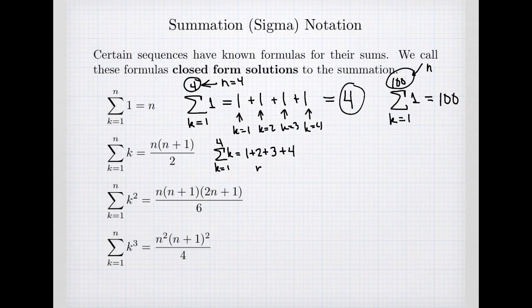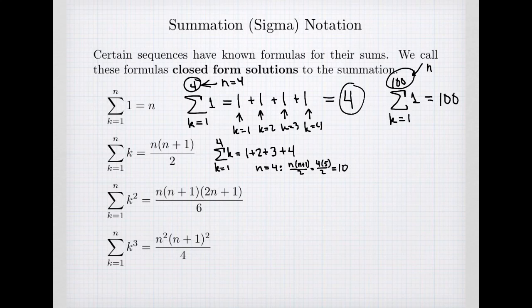So here I have n equal to 4. And what this formula is telling me is that if you just plug that value 4 into these two locations, so let's see what that predicts for me. If I predict n times n plus 1 over 2 is 4 times 5 over 2, that's 20 over 2 is 10.